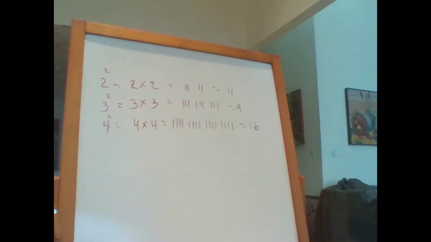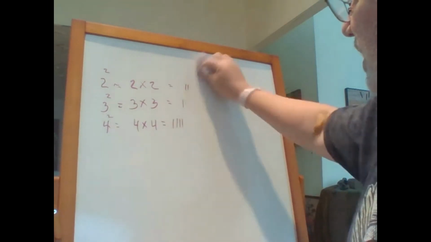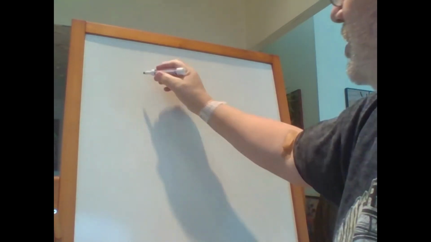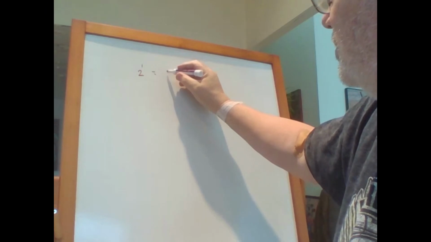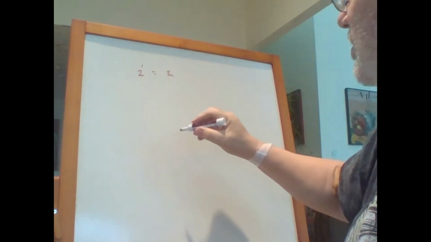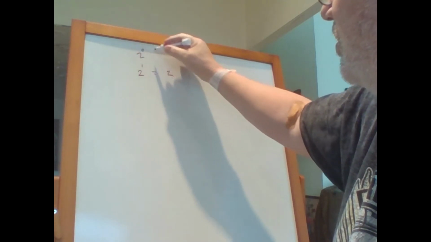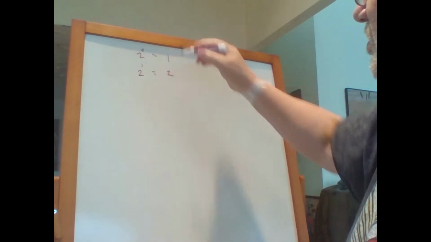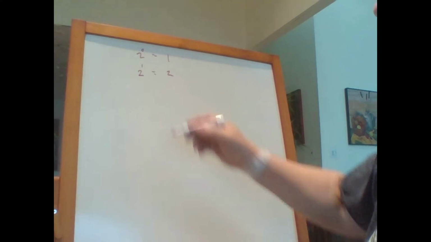So here, if we say we've got 2 to the 1, that means we only have one 2. If we have 2 to the 0, that means we have basically just 1. Anything to the 0th power is 1.